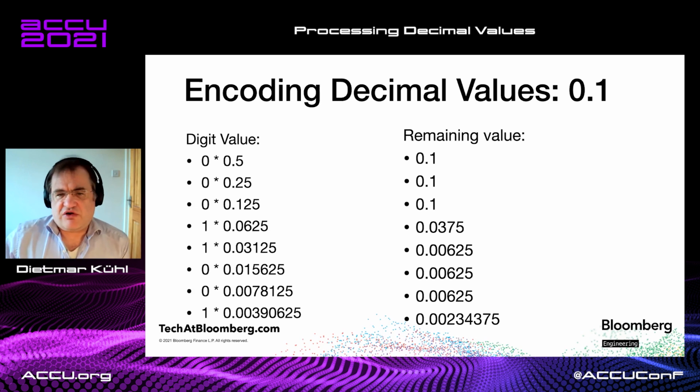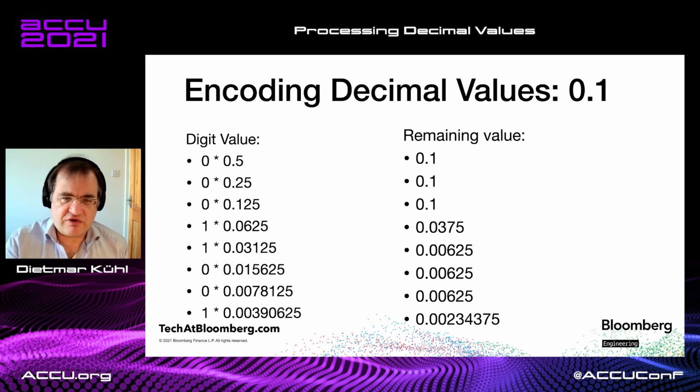Just to see how the encoding works, because all of these numbers were nice and abstract, here's a way to encode 0.1 into a binary value. On the left we have the value of the fractional digits, and on the right we have the remaining value after we have taken out this digit. And all we do is basically go, all right, is 0.5 bigger or smaller than 0.1?